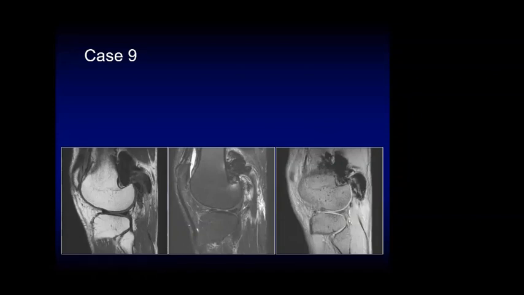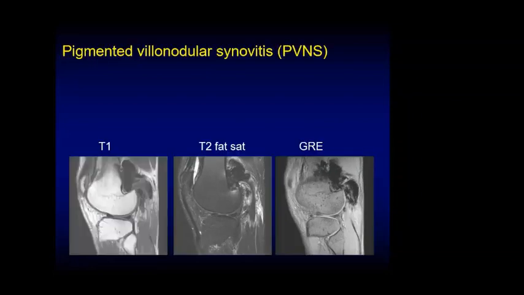As it is a lobulated outline and has a susceptibility and blooming artifact on the gradient, hypointense signal intensity in both T1 and T2, and the location of the lesion suggests pigmented villonodular synovitis, as it is forming an erosion also on the posterior aspect of the femur. Yeah, okay, so it's a PVNS.